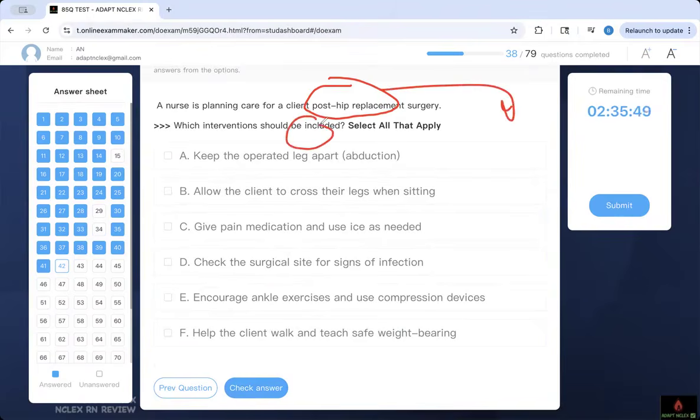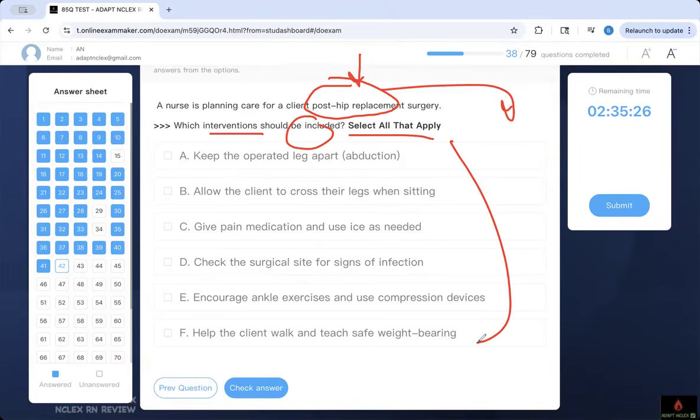And I read it from the back. Select all that apply. I'm not picking everything. Intervention. I've got to do something about a patient who is post-hip replacement. That means all of these, they're doing something bad, and I need to intervene to prevent a problem. That's all. And what do I need to do?